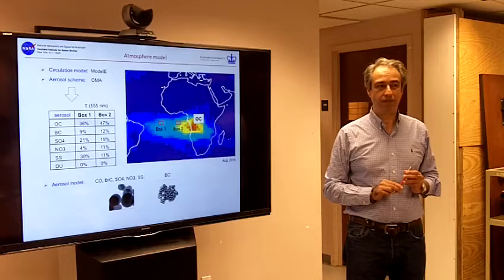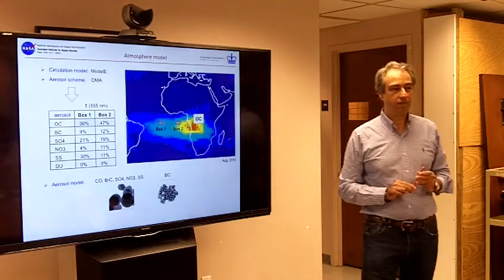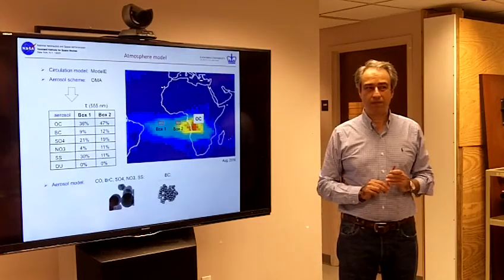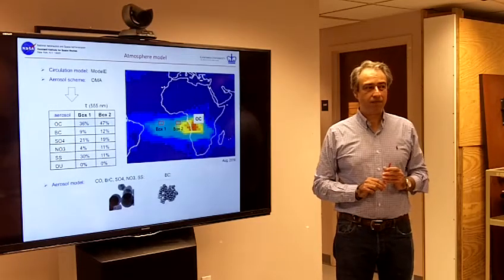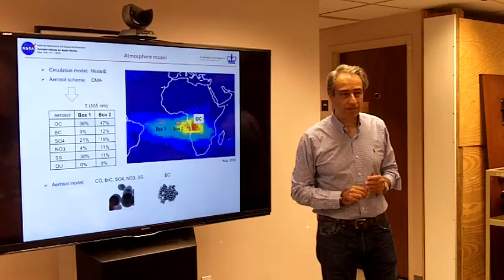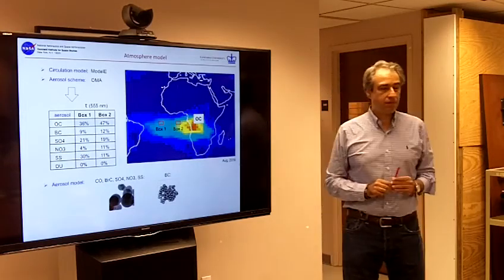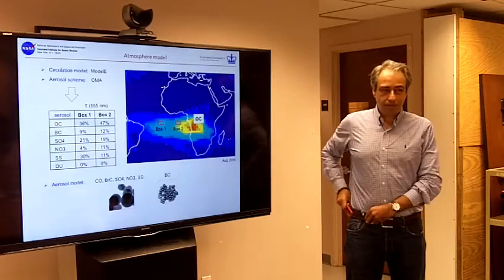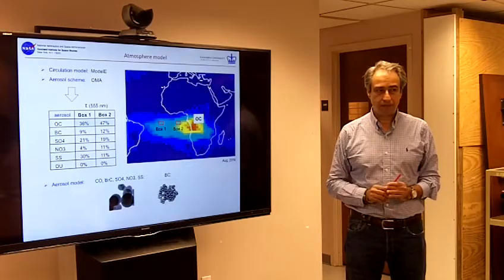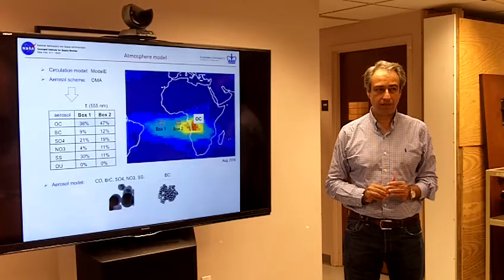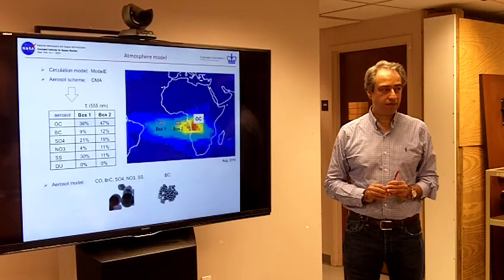And some of them are brownish, some are white. Andy Lacis has put in, in OMA, organic carbon that is a little bit absorbing. So it's not pure white, so it is already considered a little bit brownish. But the thing Jacek talks about is the absorption at short wavelengths, and that we don't have. We don't have the chemical speciation.